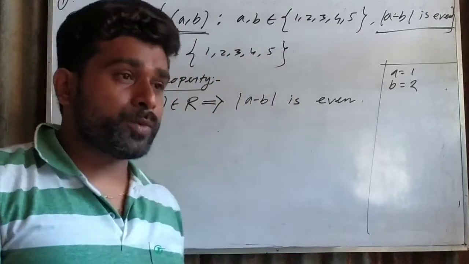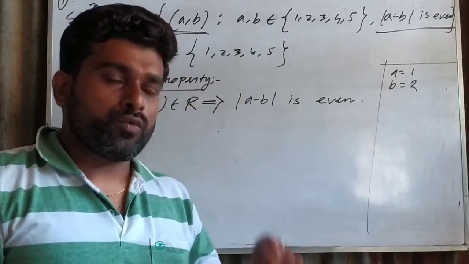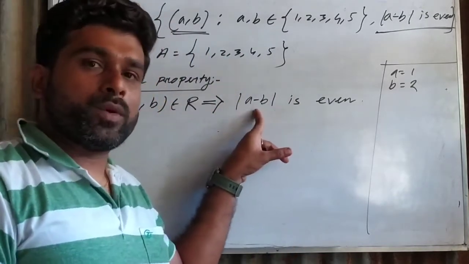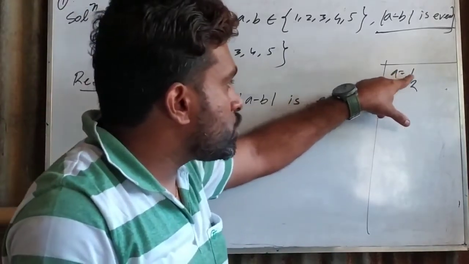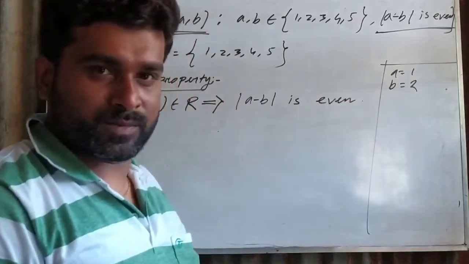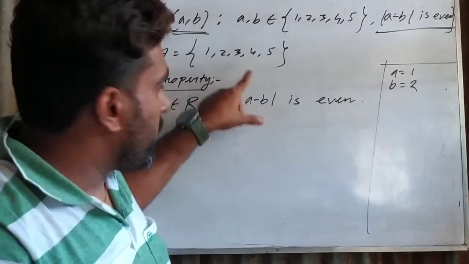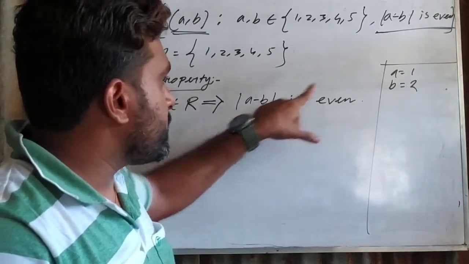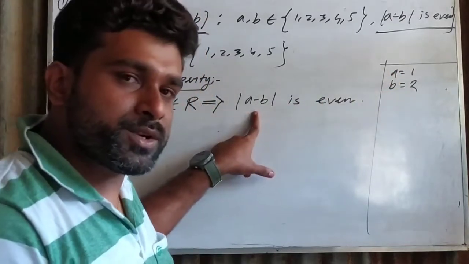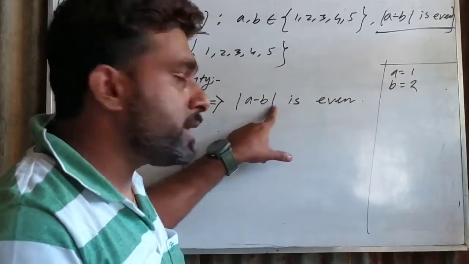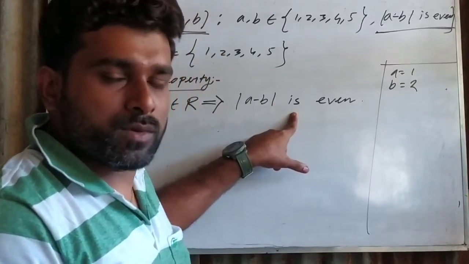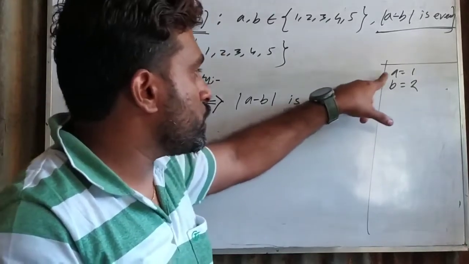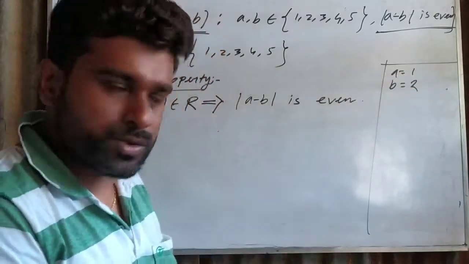So if you choose a equals 1 and b equals 2, then a minus b is 1 minus 2, the answer is minus 1, and the modulus is 1. Is it even? This 1 is not even here. So that means we can't choose a equals 1 and b equals 2.